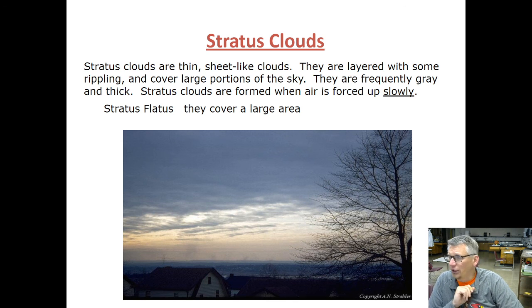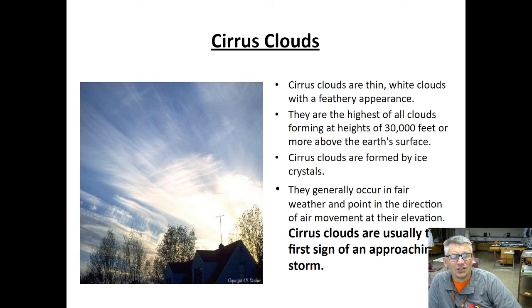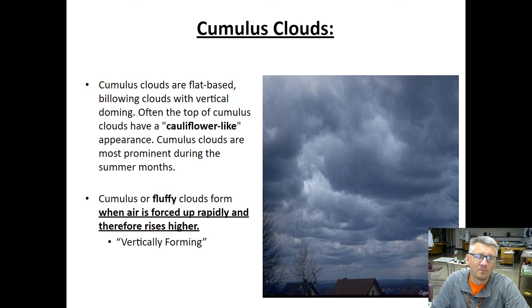Stratus is a word that we're going to use to mean cover a large area. Cirrus clouds are wispy, and they're always going to be high clouds. They're really high, wispy or feather-like, and you can see through them most of the time.